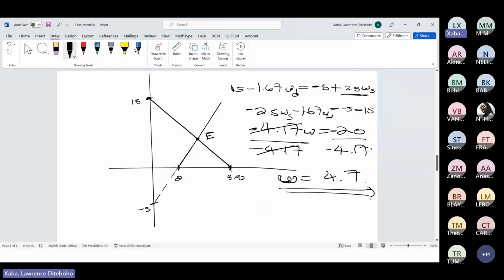So we say 15 minus 1.67. This is our equation. So in this equation, where we see W now, we put 4.7.